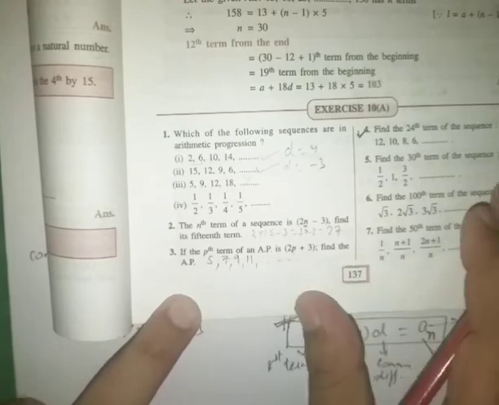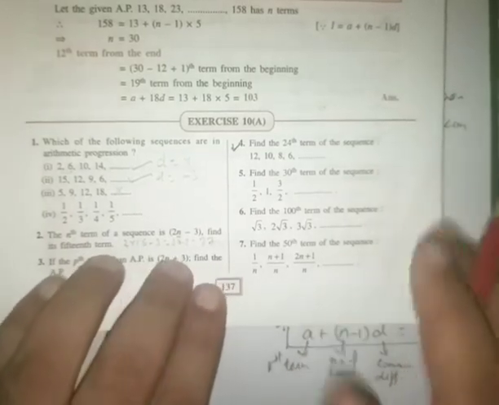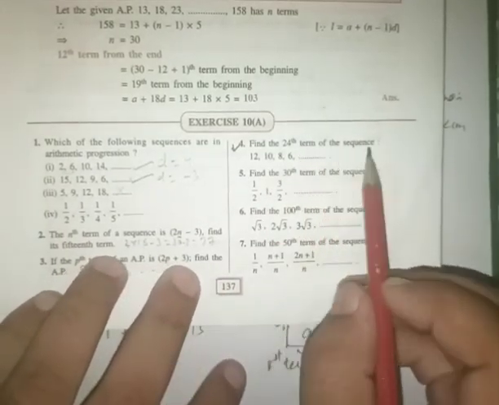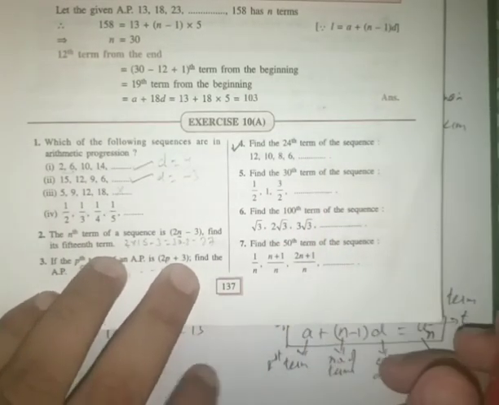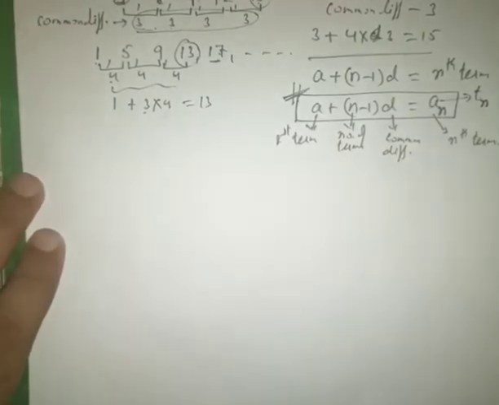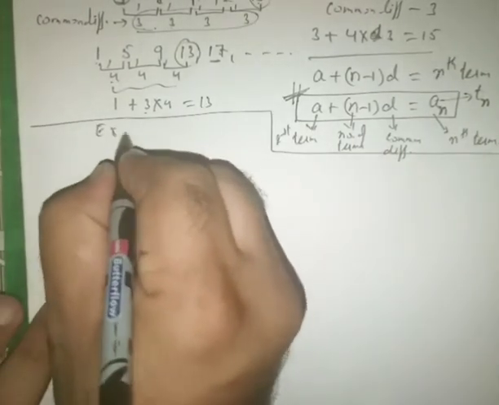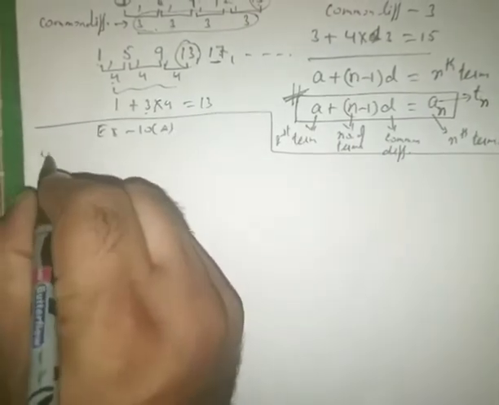Now look at question number 4. Question is, find the 24th term of the sequence. This is Exercise 10A, question number 4.